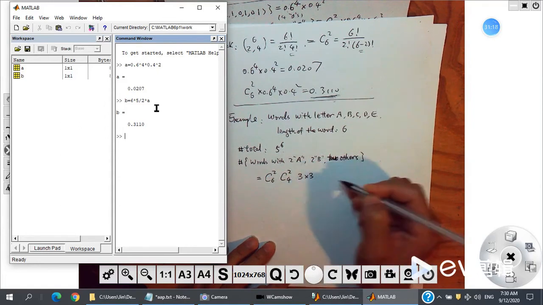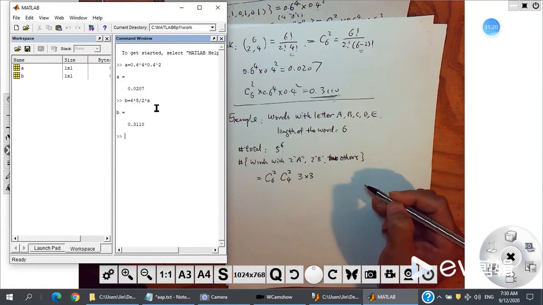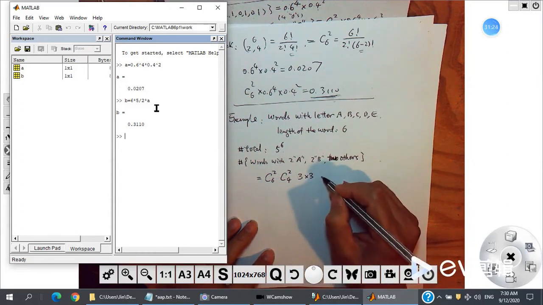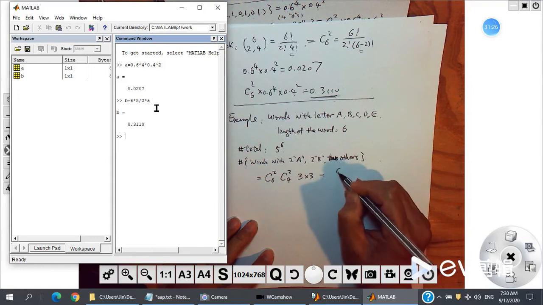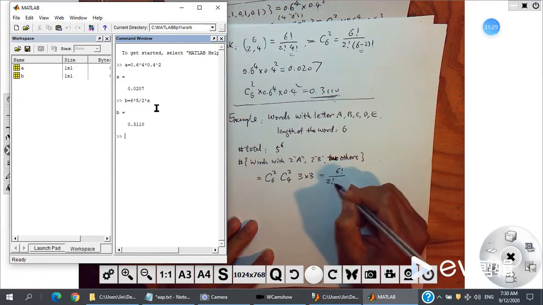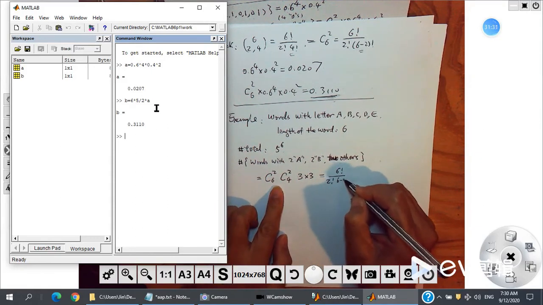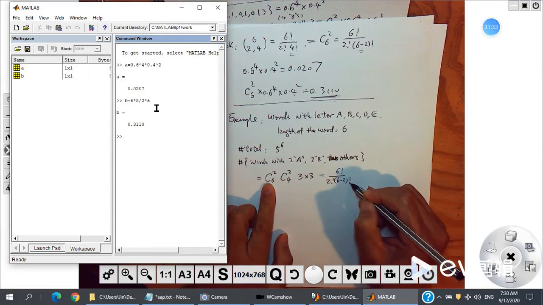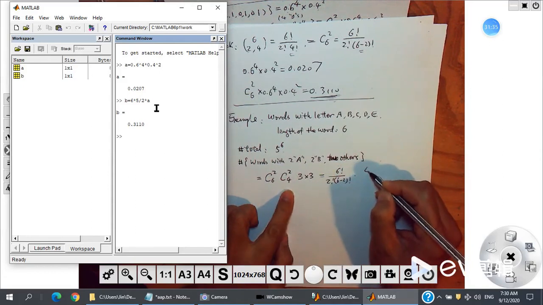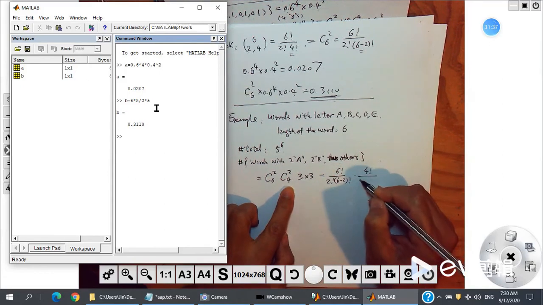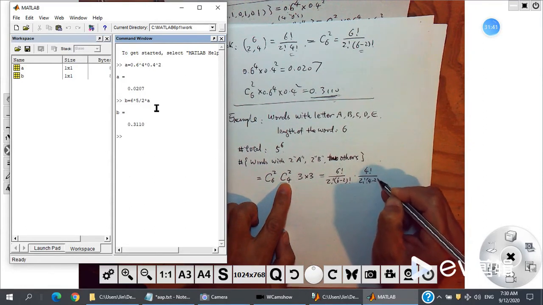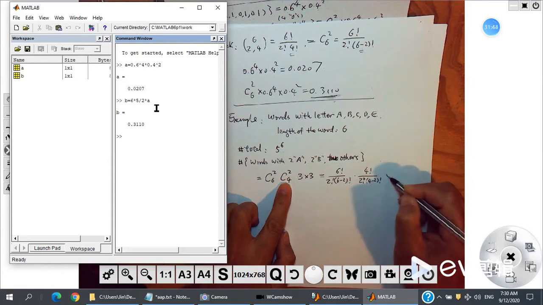Totally we have 9 different choices. So this will be the whole amount: 6 factorial over 2 factorial times 6 minus 2 factorial, the first number. Second number, I have 4 factorial over 2 factorial times 4 minus 2 factorial, and times 3 is 9.